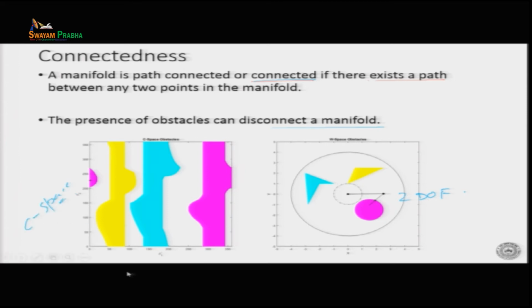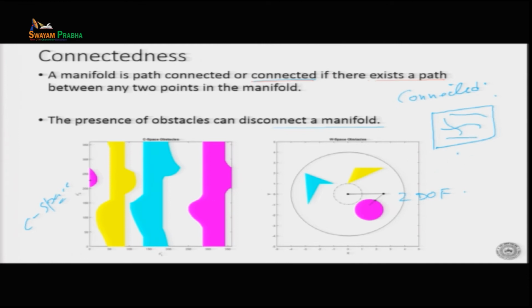Let us look at it this way: if it is fully connected, I have a C space like this with no obstacle, so you can go from anywhere to anywhere. In a C space which has no obstacle, we can go from one point to another, which is what connected means.